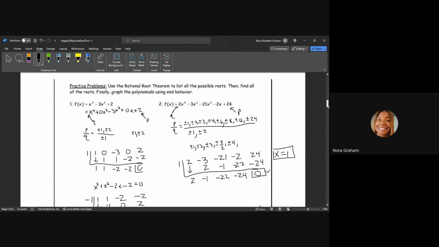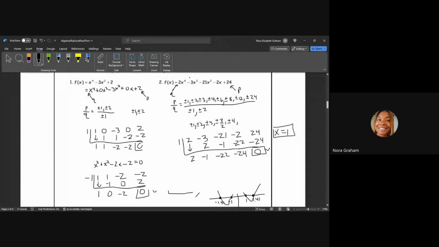Perfect. And now since we eliminated one of our powers, we write down our new polynomial. Let's get rid of this. More space.